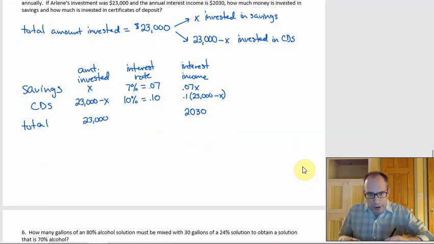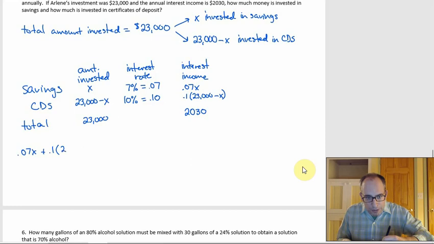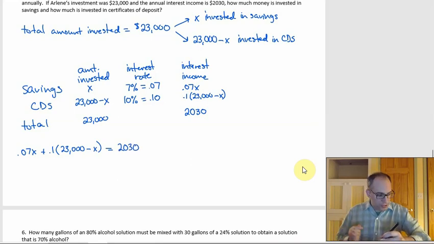So what we're going to do is we're going to have 0.07x plus 0.1 times 23,000 minus x. So when you add those two individual interest incomes together, you've got to get the total, which is the 2030. I guess the first thing is that we could clear fractions. So if we were going to do that, then this decimal is carried out to two places, that 0.07.